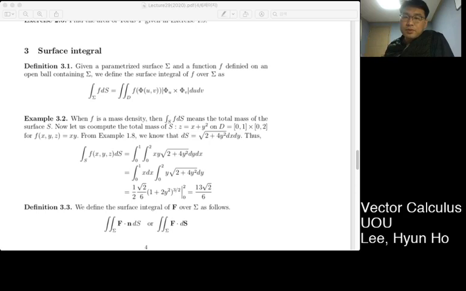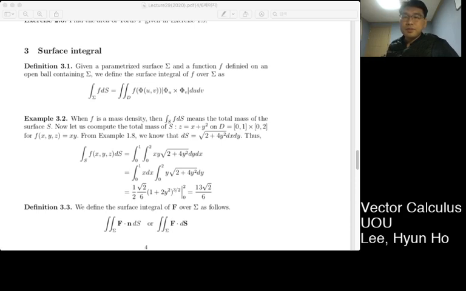Once you find the parameterization and normal vector, this is just an easy calculation, right? But at the final point, you need some integration technique to finish this computation. So I must say that you have to master this integration technique to finish this computation.